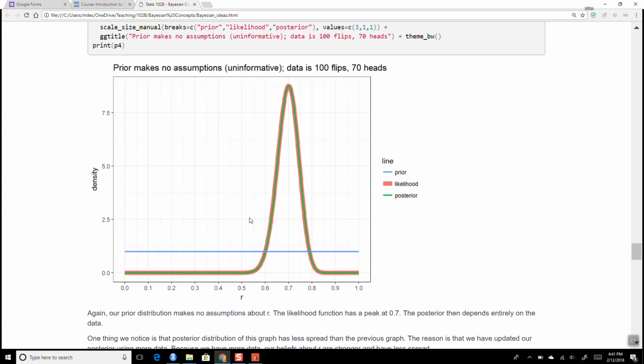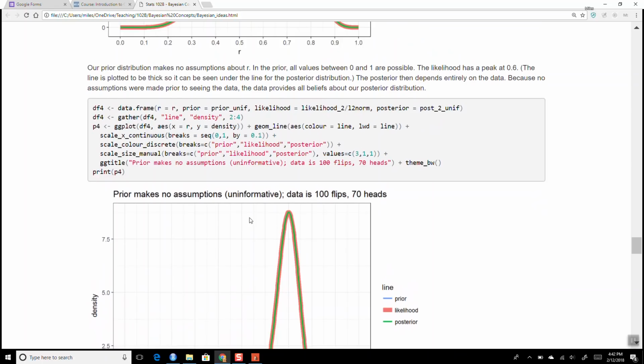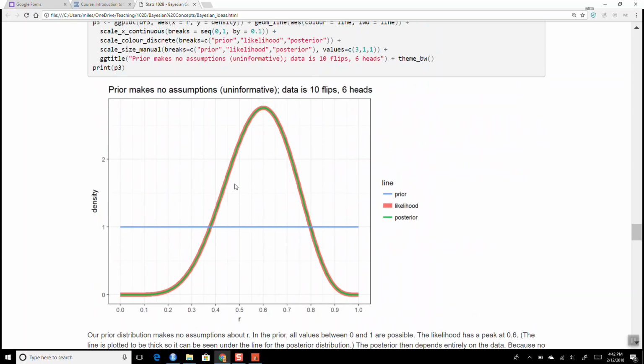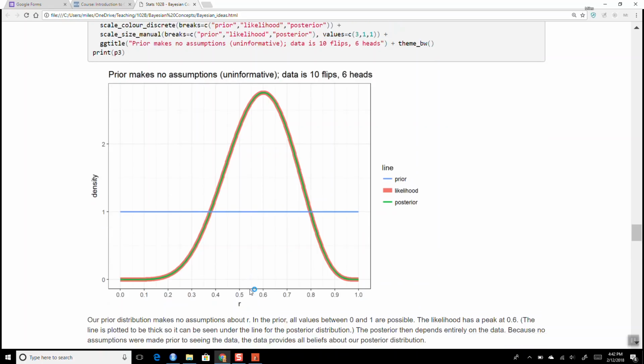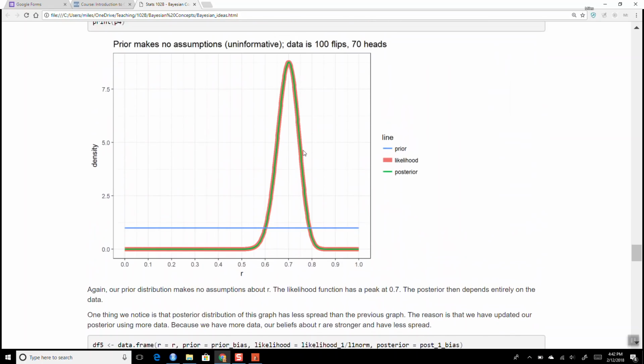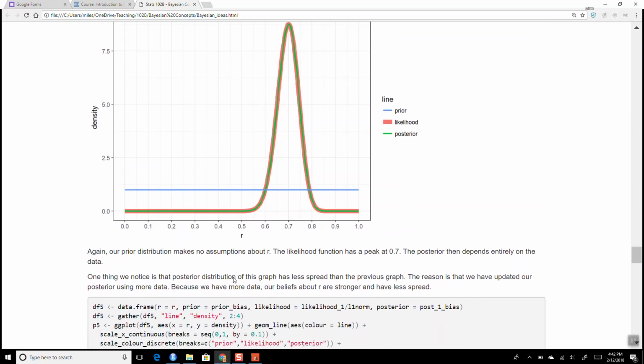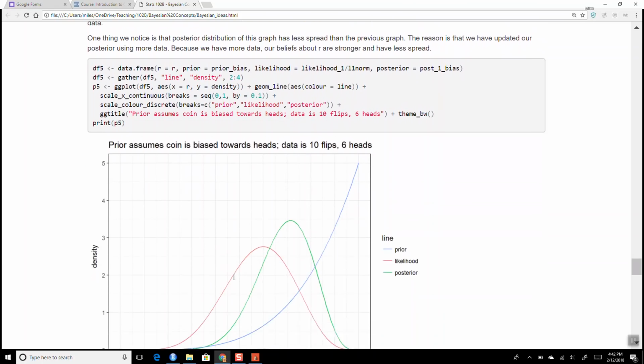And again, because we observed more data, over here we observed only 10 flips and 6 heads, so there are quite a few possibilities for what R could be. Over here, because we saw 100 flips and 70 of them were heads, we can still be pretty confident that R is not going to be 0.5 or 0.3, because our data would not be possible under these other values of R.